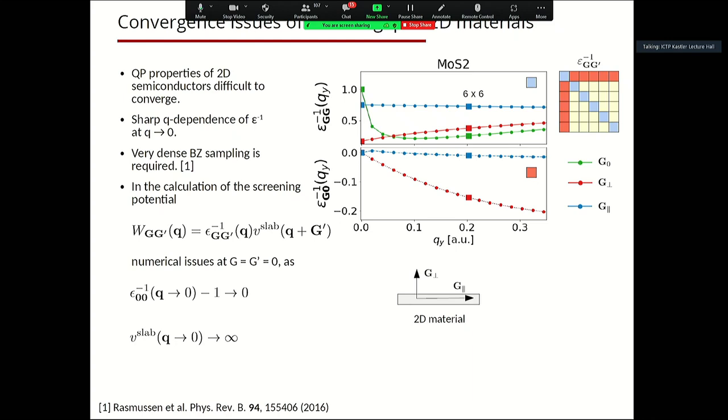Then we also have the problem that the inverse dielectric function goes to 1 in the long wavelength limit. This means that the correlation part of the response of the system goes to 0, while the screened bare interaction diverges, so we have a multiplication of 0 times infinity, which can generate some numerical problems for this point here.